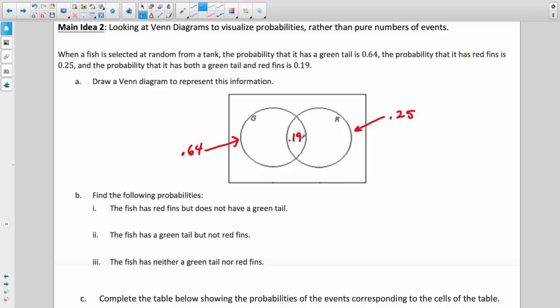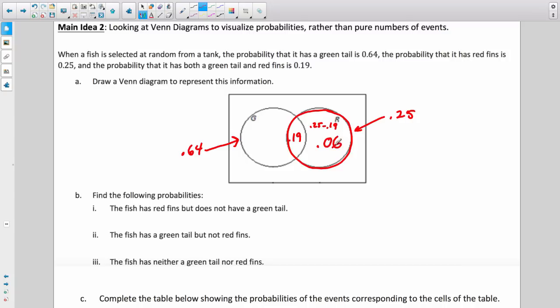Now, if 19% is the overlap and 25% is all the reds, then this area right here has to add up to 25%. So this is going to be 0.25 minus 0.19, which is 0.06.